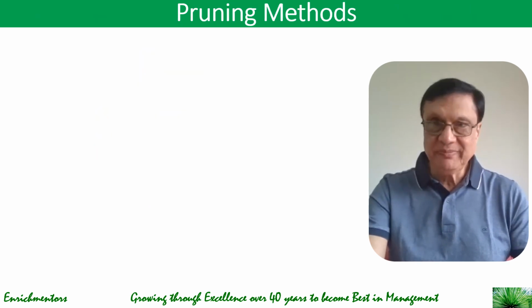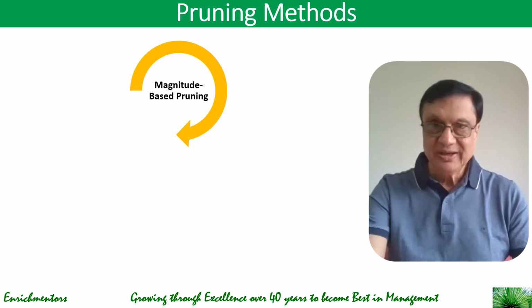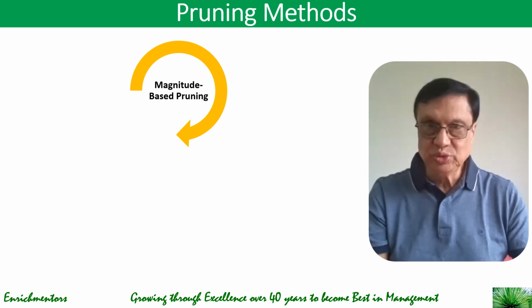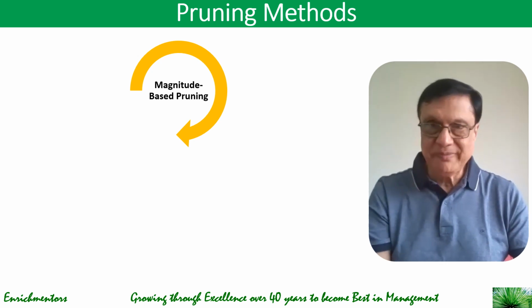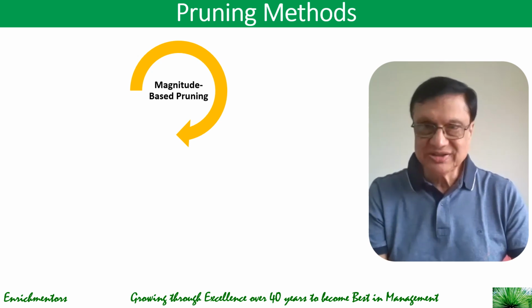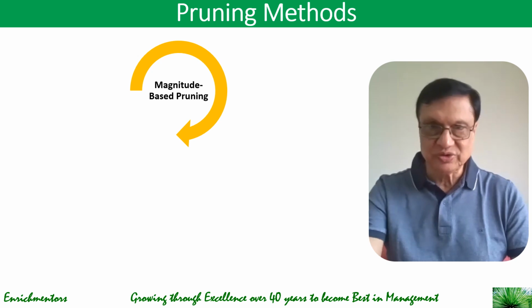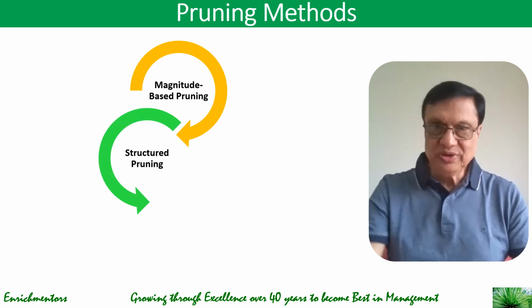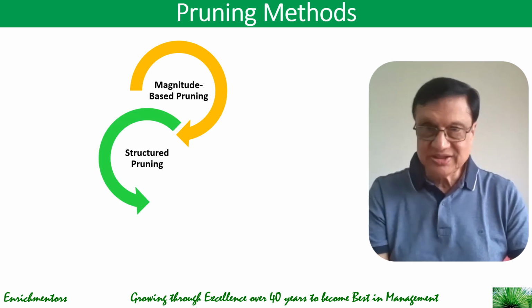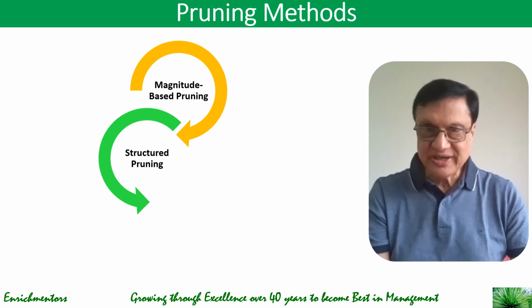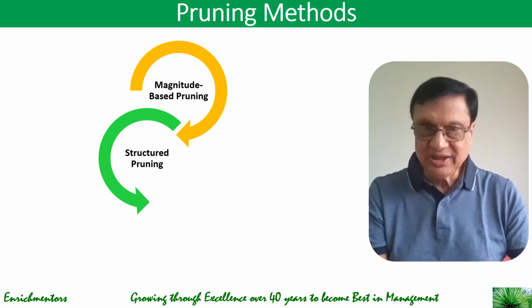There are several pruning methods that can be applied to neural networks, and the most common ones are magnitude-based pruning, in which you remove neurons and connections based on their weight magnitudes. The assumption behind this is that smaller weights contribute less to the final outputs. The second thing you can do is structured pruning. In this technique, you remove entire neurons, filters or channels rather than individual connections.